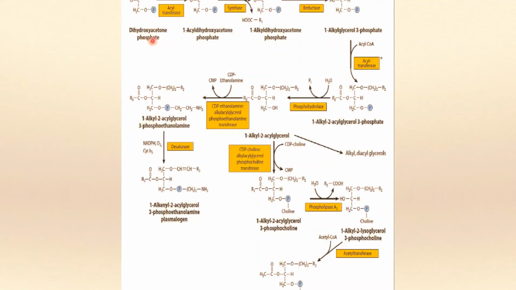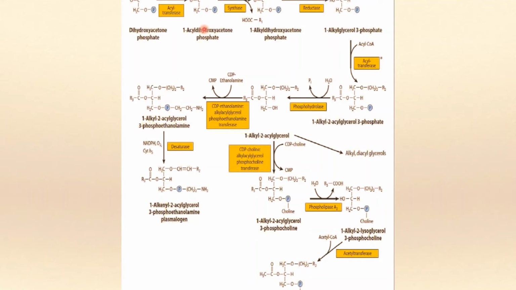So whenever there is dihydroxyacetone phosphate present, how does the reaction happen? We will first consider that dihydroxyacetone phosphate will take up the acyl group from acyltransferase and it will form 1-acyl dihydroxyacetone phosphate.